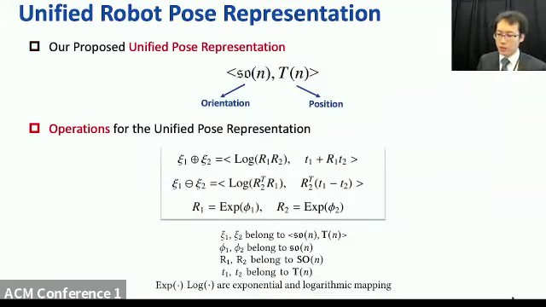So for these reasons, we propose unified pose representations, which contain only useful information about the pose. Here we summarize all the computations associated with such a pose, defining a generalized addition and subtraction. Addition can represent a transformation of the pose, and subtraction represents a difference in the pose.